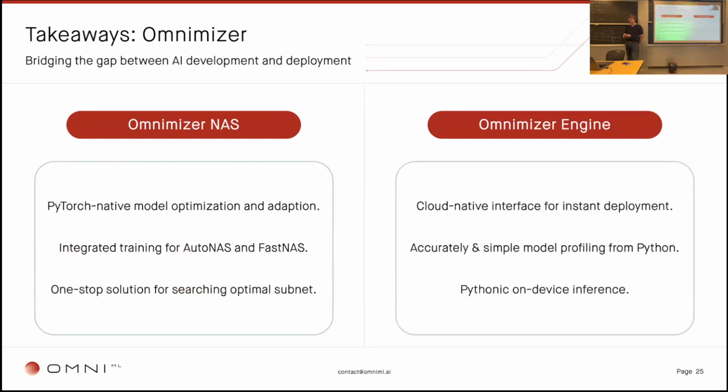And with the engine, you can take all of these models that you're designing, deploy them, try running on-device inference, and do profiling from Python, all without touching any other crazy toolkits, right? Because the thing that we hate the most is installing something.